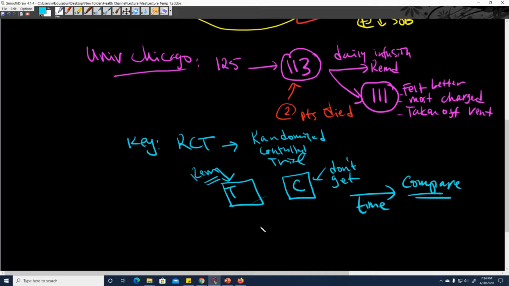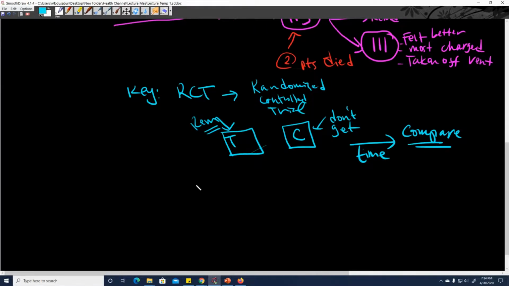And this type of study is the gold standard when it comes to clinical research and also medicine.